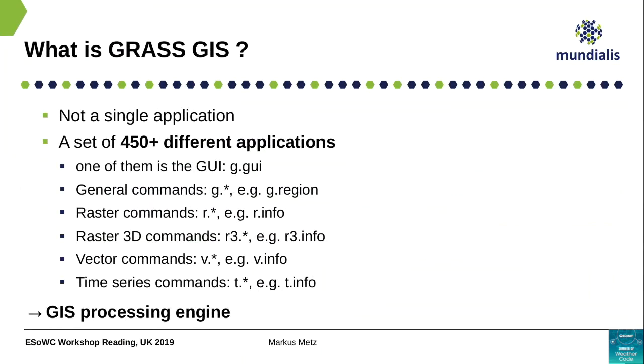GRASS GIS is, in contrast to QGIS, not a single application, but a set of about 400 something different applications that can be used independently and sequentially and combined in any way. And this makes it a nice GIS processing engine that can be used as the backend in many different applications.